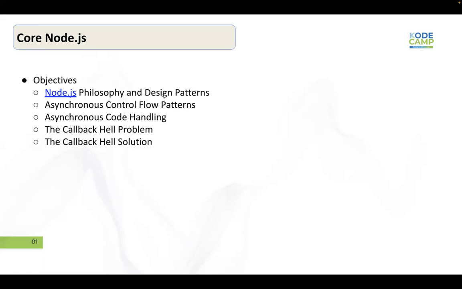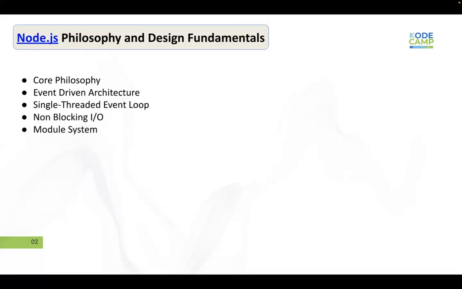We also get to introduce the callback hell problem and provide solutions to it. So in order not to waste our time, we'll move straight to Node.js philosophy and design fundamentals.